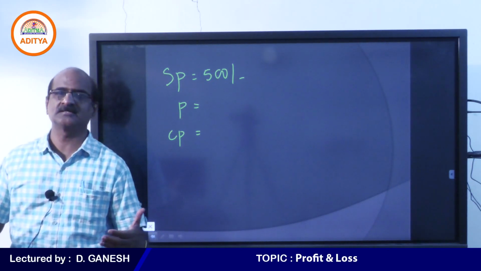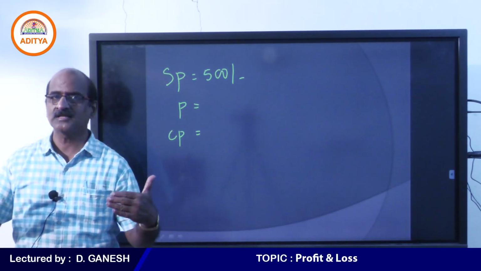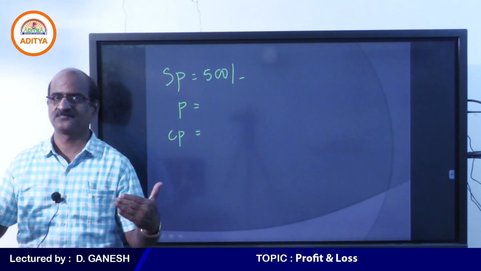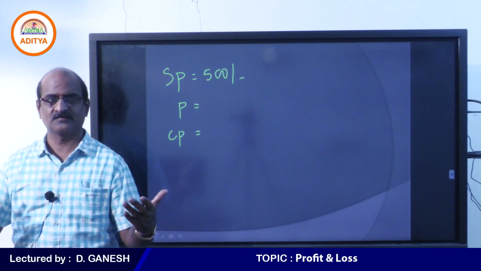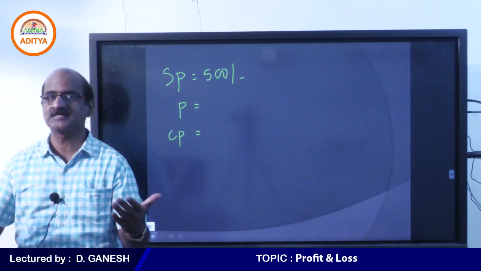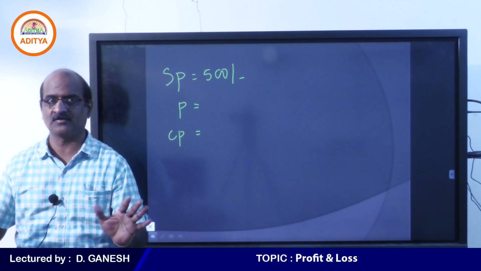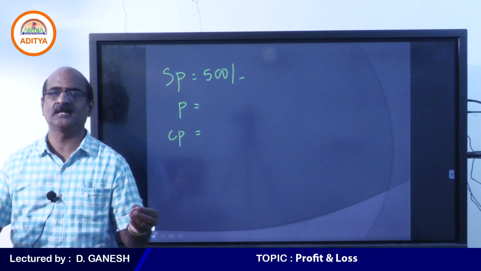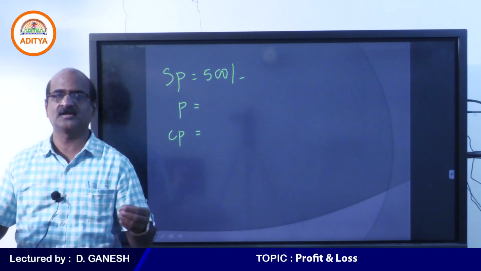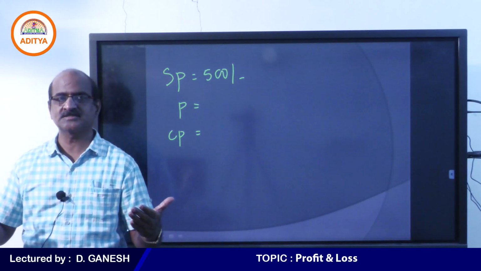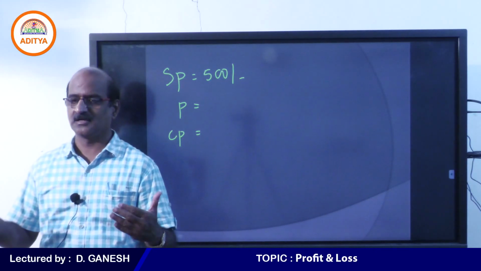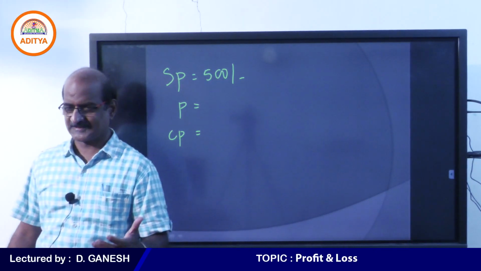He sold it for 500 rupees. I said that he gets a profit. I am not telling you how much profit, but you should tell me: by selling an article for 500, if somebody gets a profit, is his cost price more than 500 or less than 500? Tell me, more or less.